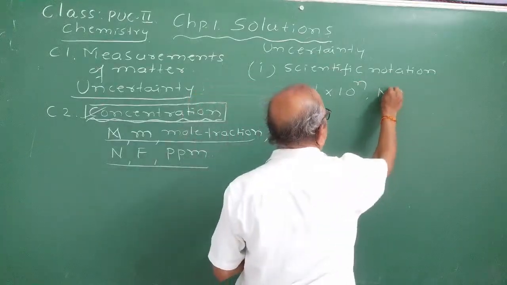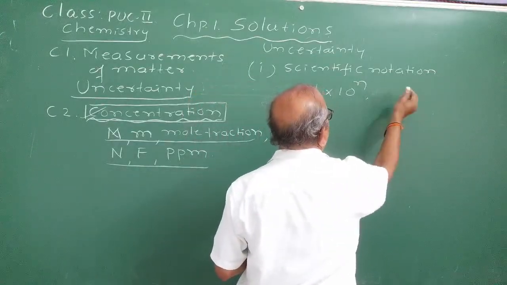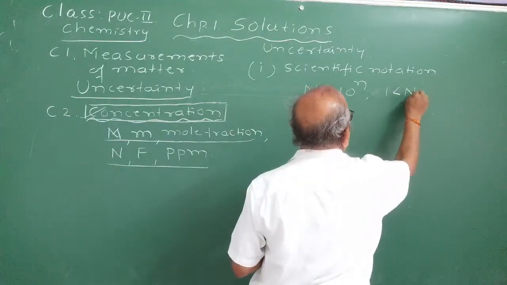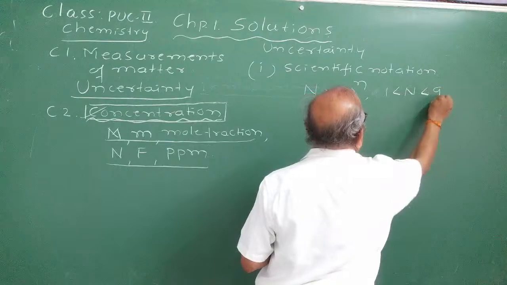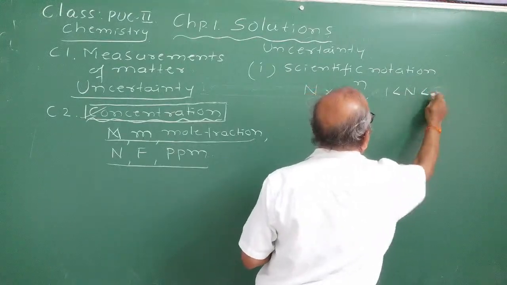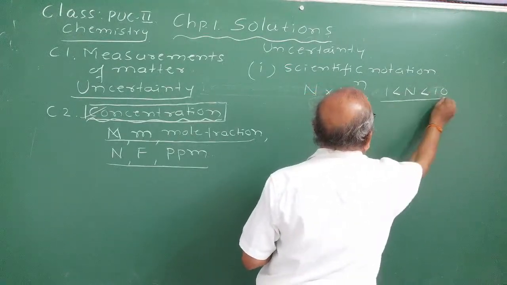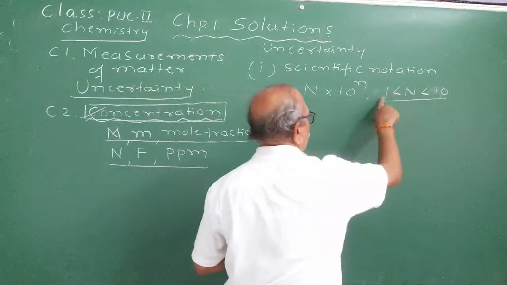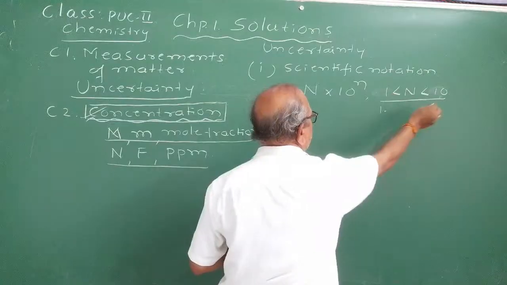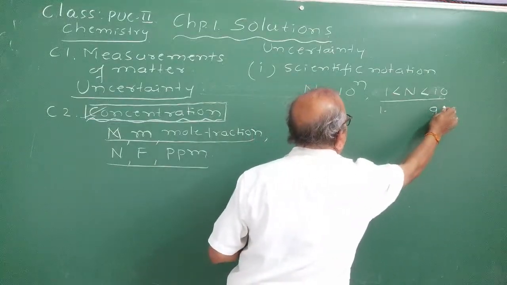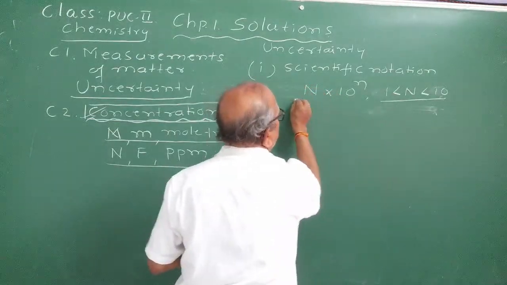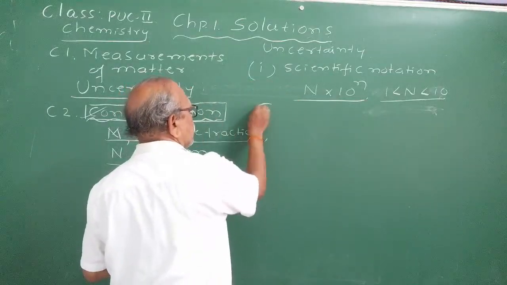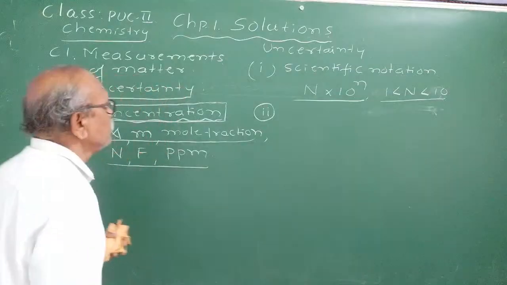Capital N is a number which lies between 1 and 10, greater than or equal to 1 and less than 10. You can write it like 1 point something to 9 point something. So that is called scientific notation. About that in detail, we discussed in our previous live class.